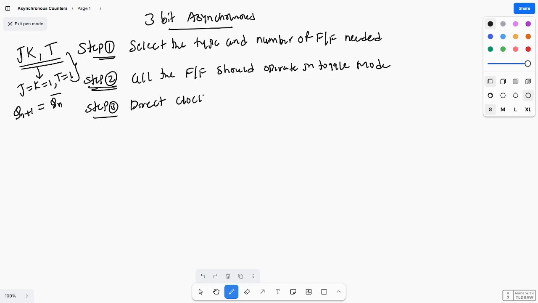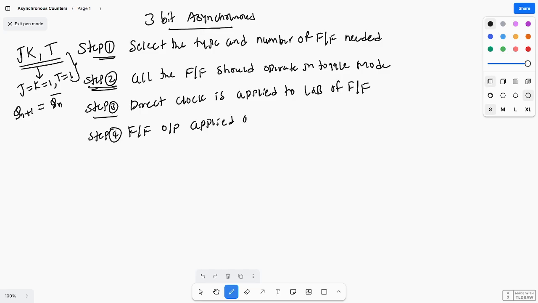Direct clock is applied to the LSB of the flip-flop, and the first flip-flop's output is applied as a clock to the second flip-flop. So that means a common clock is not there. The output of the first flip-flop is applied as a clock to the next flip-flop. So these are the steps you need to follow.